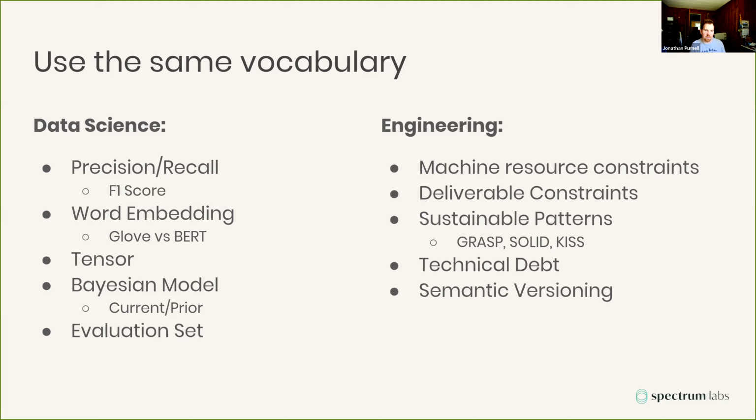So I think on the engineering side, the practices of sustainable patterns is something. There are some things that maybe some folks are familiar with, like GRASP, which is how object-oriented programming is applied.